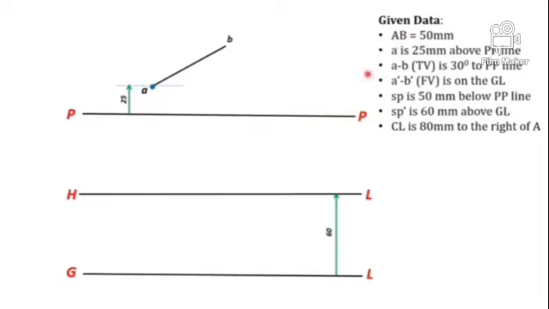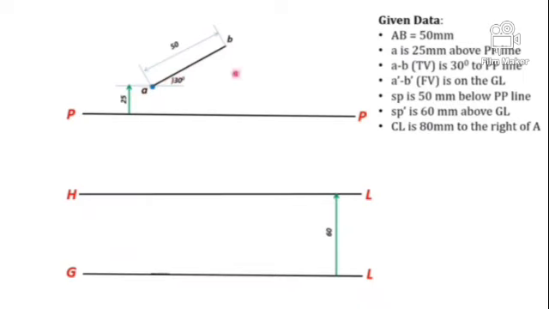Because the line is lying on the ground plane, you can see the true length in top view. So with the 30 degree inclined to PP, you can draw AB which is 50 mm in length. So this is your top view of the object or line. Here it is a line AB.